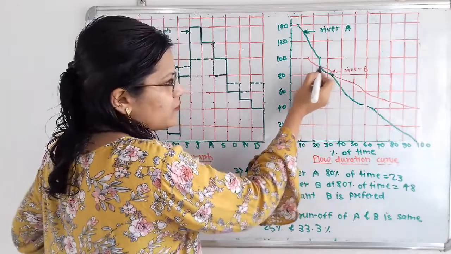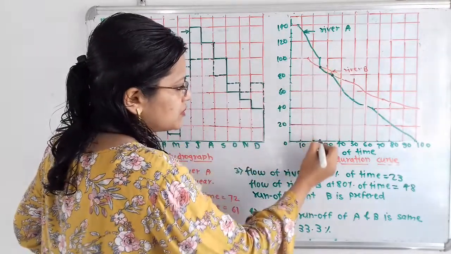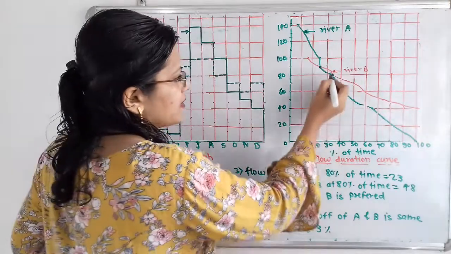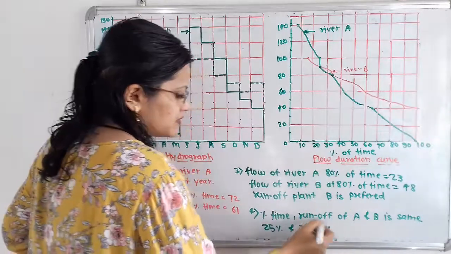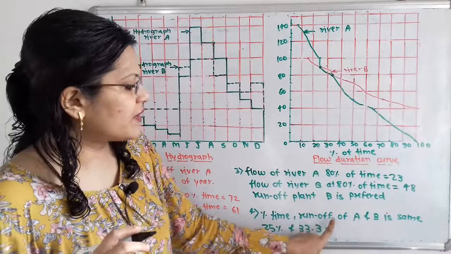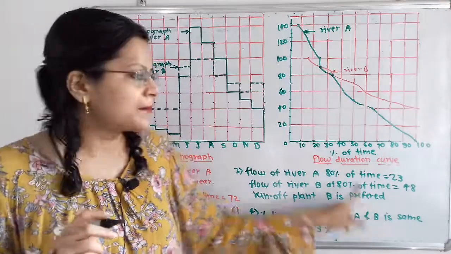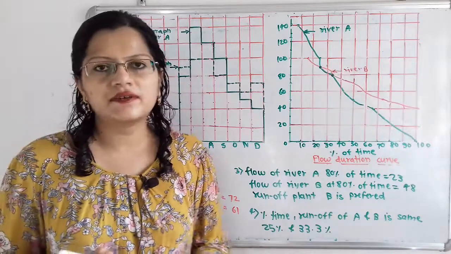For this point of intersection of river A and river B, percentage is 25%. And here is also a point of intersection, and for this point of intersection percentage is 33.3%. So percentage of time where the runoff of river A and B is same is 25% and 33.3%.